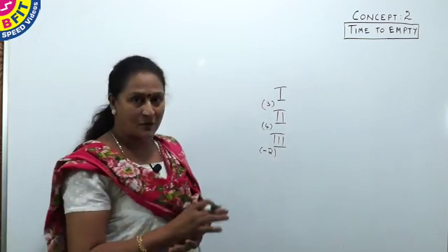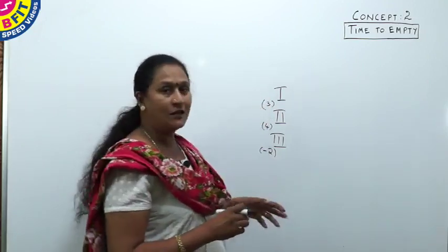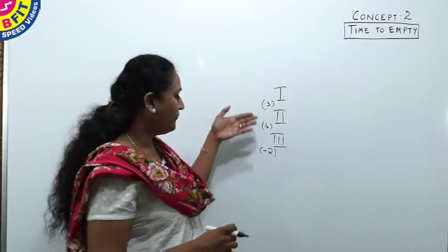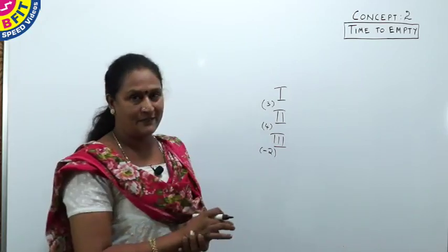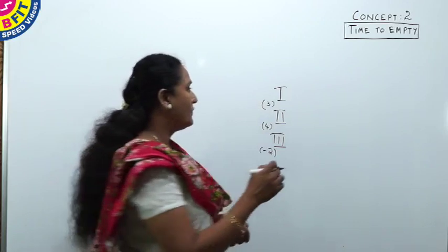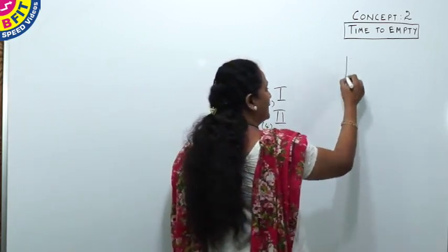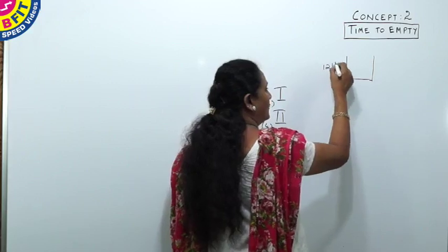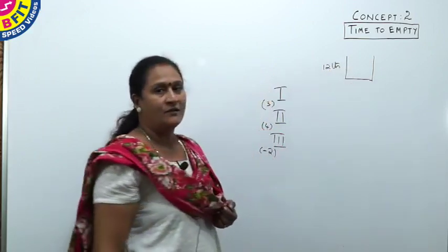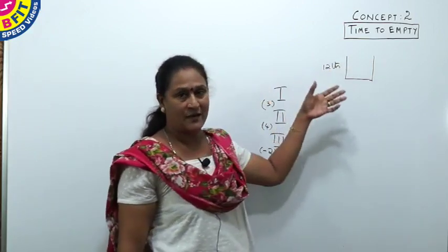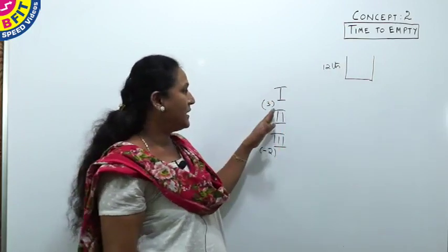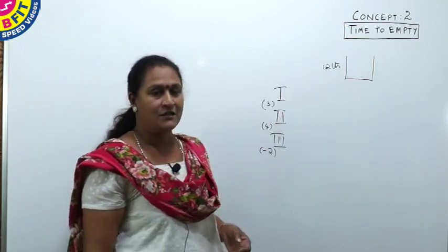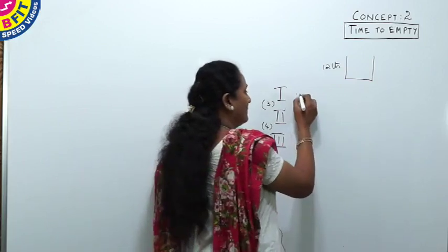The LCM concept is to take the LCM of all this time taken. For 3, 4 and 2, what will be the LCM? It is 12. So we'll assume that there is a tank which can hold 12 liters. If the tank has a capacity of 12 liters and the first pipe fills it in 3 hours, how much water can the first pipe pour in 1 hour?